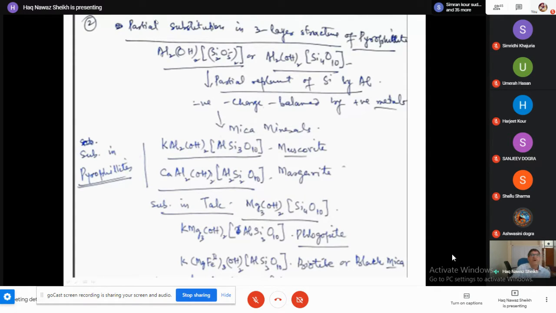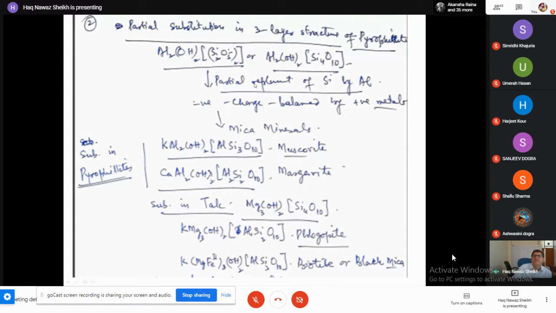Then you have the partial substitution in the three-layer structure of pyrophyllite. Pyrophyllite had this structure, aluminum 2, OH2, Si2O5, or you can write aluminum 2, OH2, Si4O10. This is the stoichiometric composition of pyrophyllite, a three-layer structure. And then you can partially replace silicon atoms in the silicate layers. There are two silicate layers on either side of the aluminum hydroxide layer.